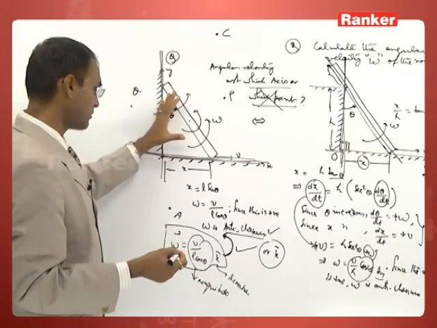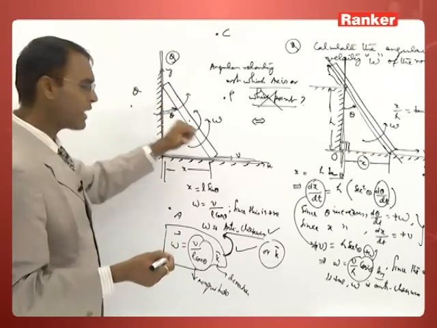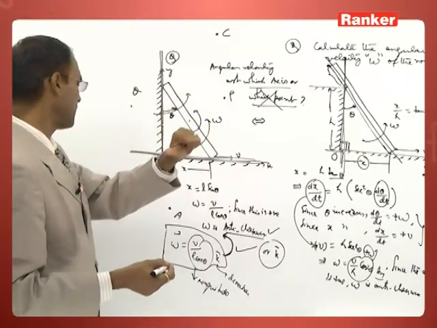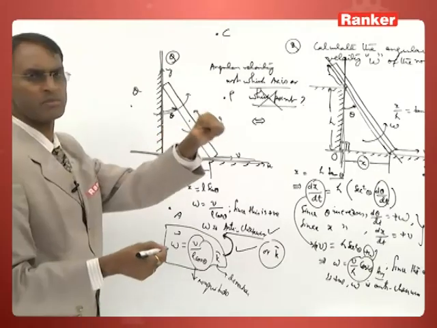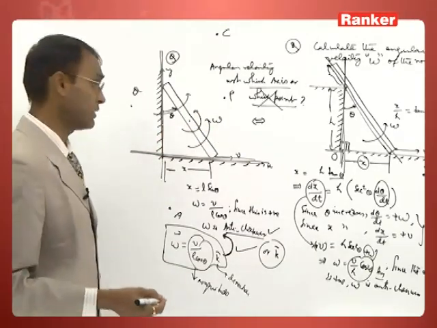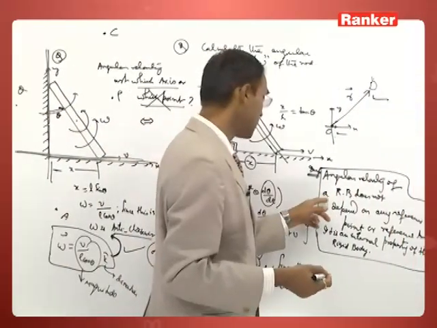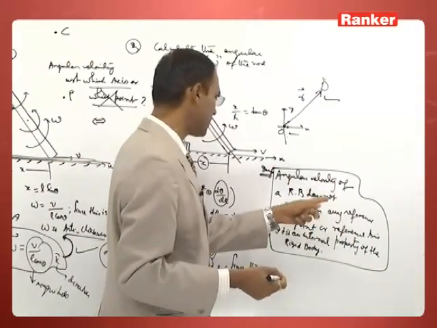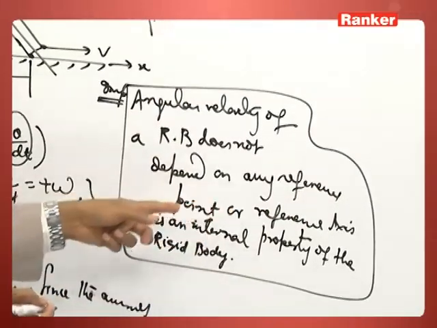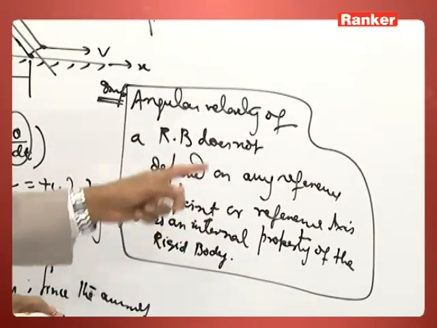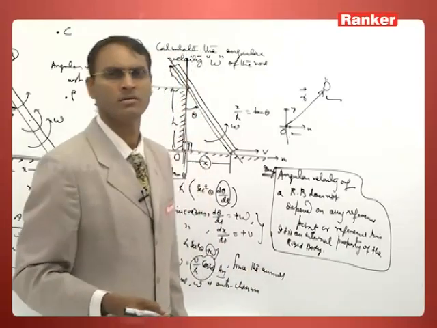The angular velocity of the rod is totally pointing along the positive z direction. In that sense, we have written that the angular velocity of a rigid body doesn't depend upon any reference point or reference axis. It is an internal property of the rigid body.